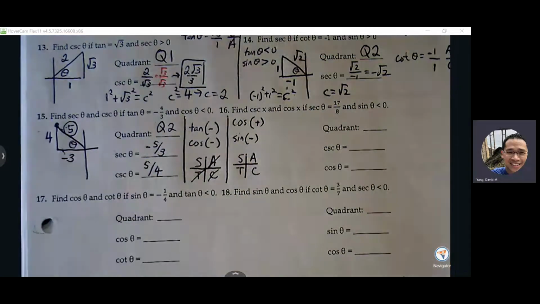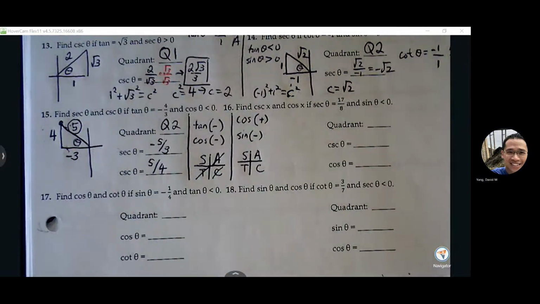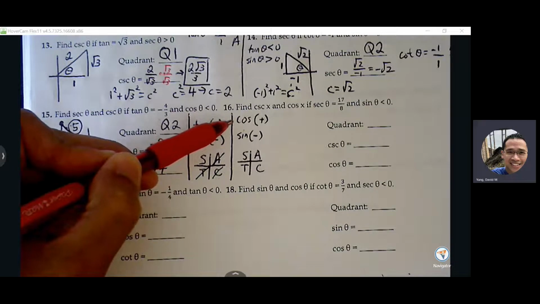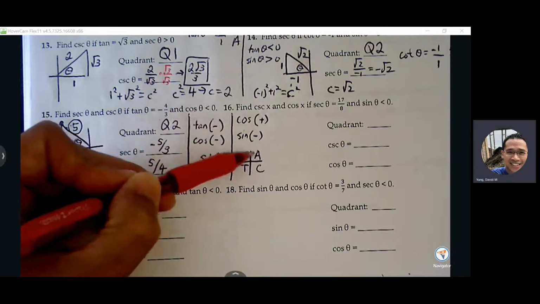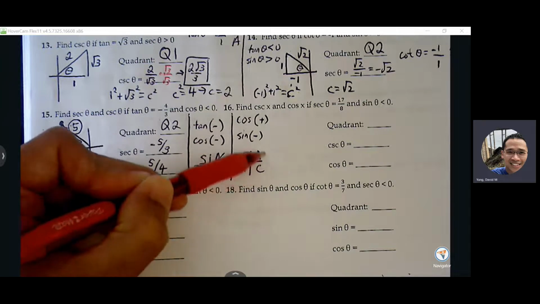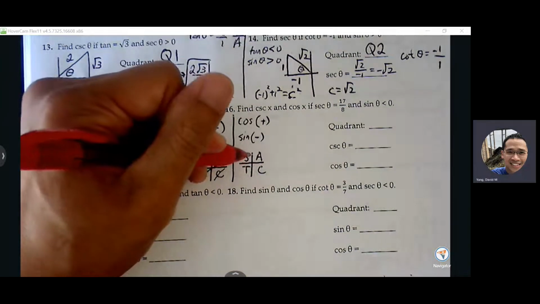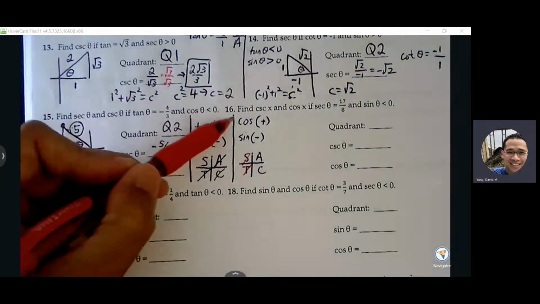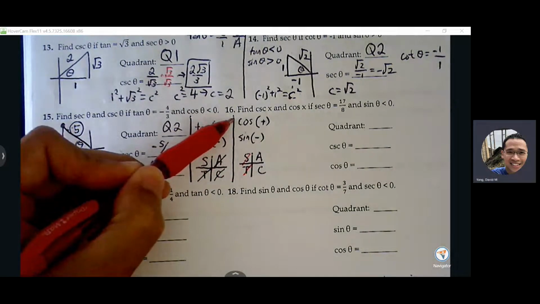I'll do one property at a time, and I'll eliminate the wrong quadrants as I go. So where is cosine going to be positive? First and fourth. So these are still possibilities. We know it can't be second and third, so let's go ahead and remove them. And so now we're down to quadrants 1 and 4.